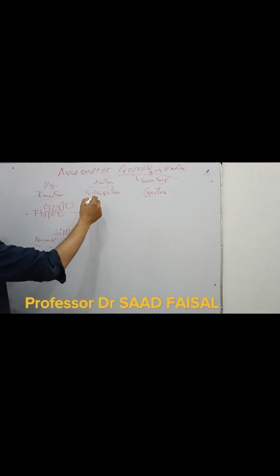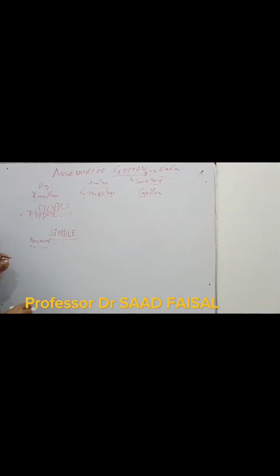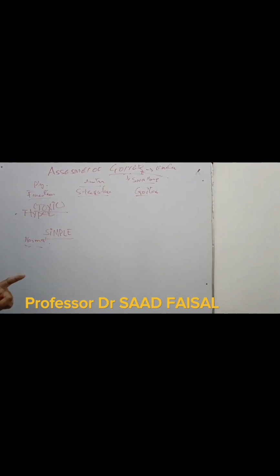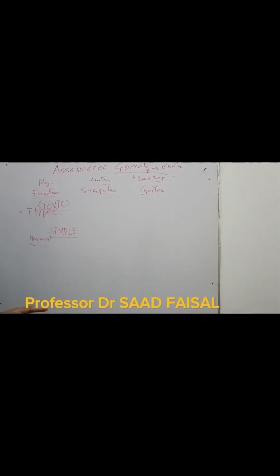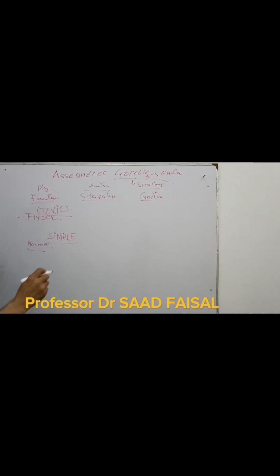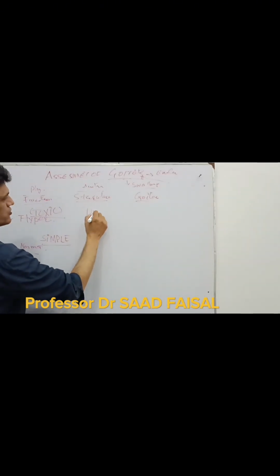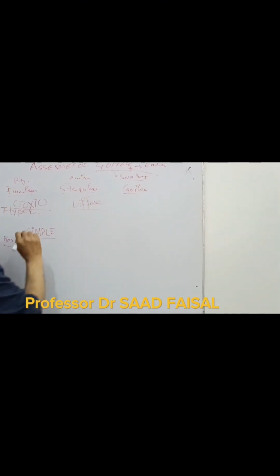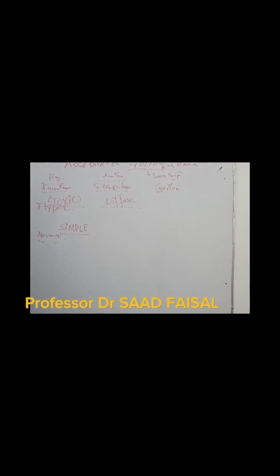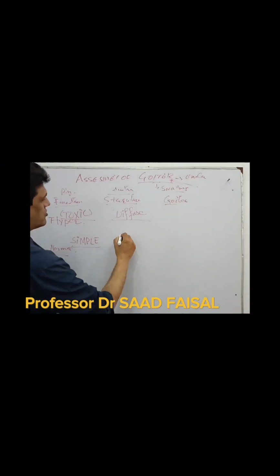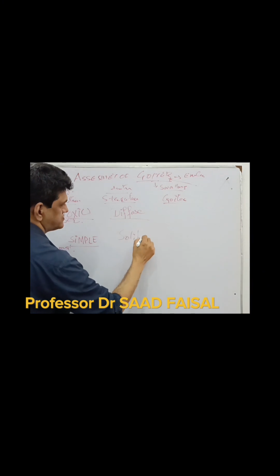And similarly, regarding structure, there are three possibilities. In one type of goiter, you may not feel any nodule, so that will be called as diffuse goiter. If you feel one nodule, that will be called as solitary nodule.